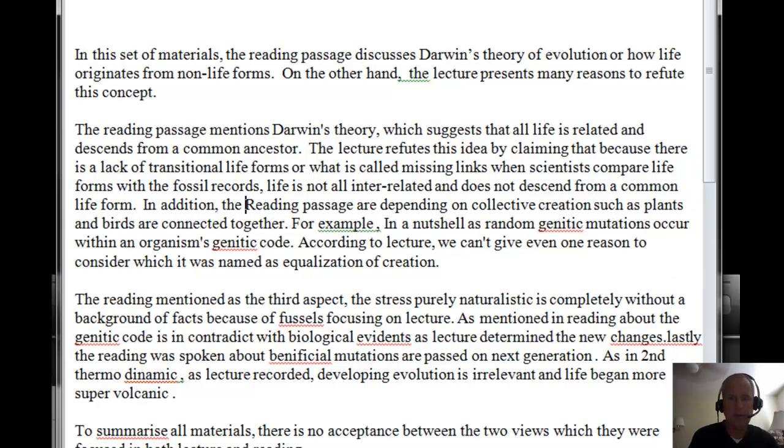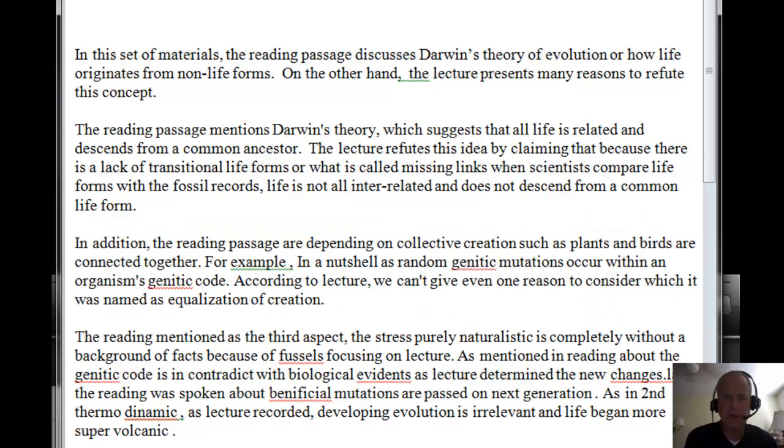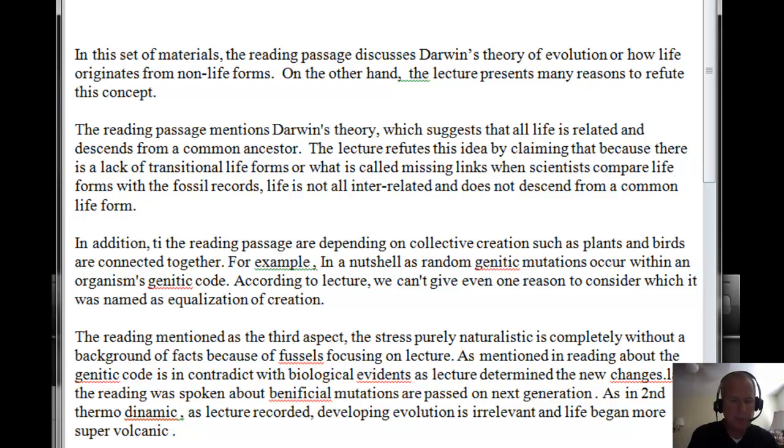in addition, the reading passage, maybe we should probably, let's do another paragraph here. We're having a lot of grammatical issues here. So the reading passage, how about this?